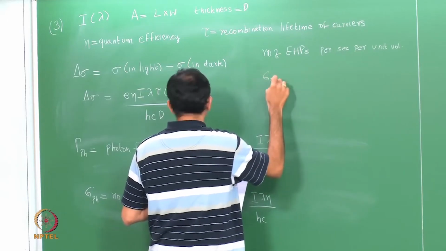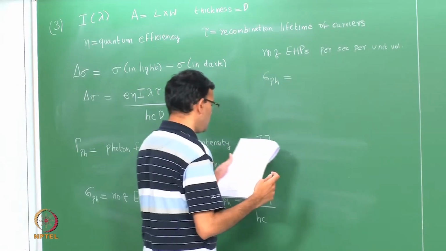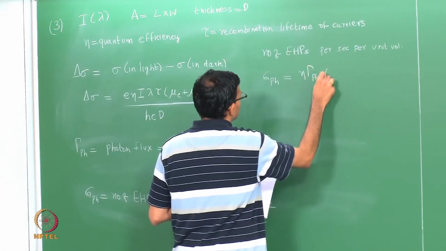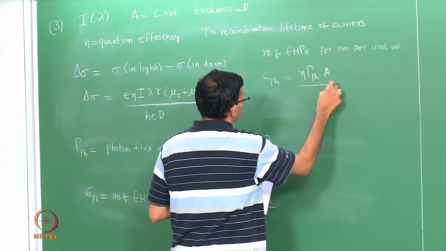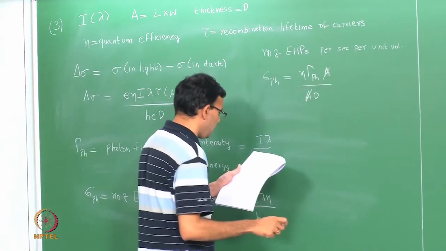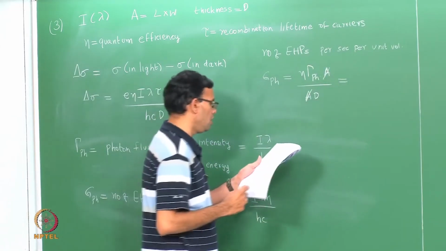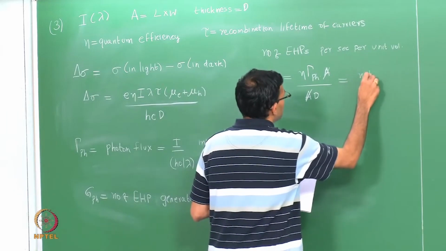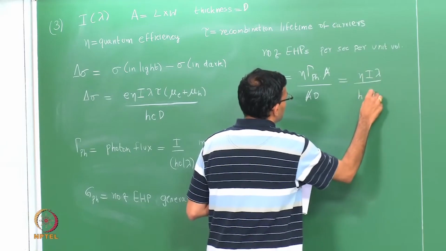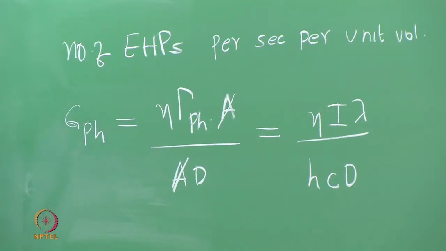Again I am going to use the same symbol G ph, but now this is per unit volume, and is nothing but eta times phi ph times A divided by the volume. So, A gets cancelled, we can plug in the value of phi ph. So, this is nothing but eta I lambda over hcD.